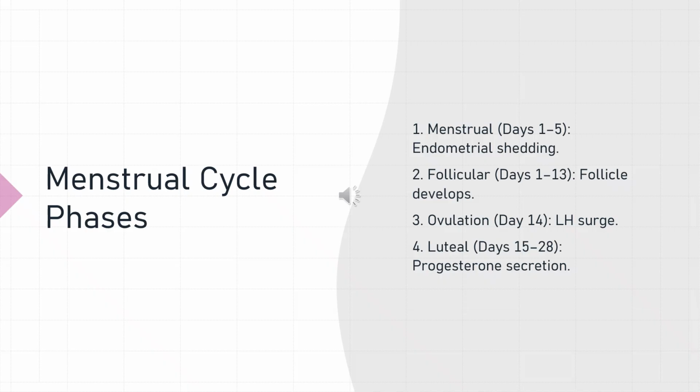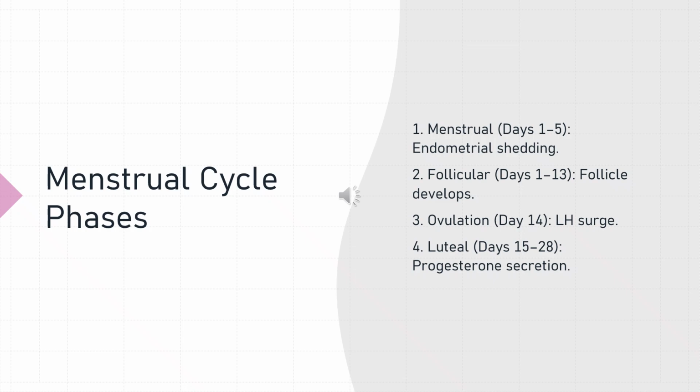Days 1 through 13, this is the follicular phase. This is when the pituitary releases FSH, or follicle stimulating hormone. This helps to stimulate follicles in the ovary. One follicle typically will become dominant and matures into an ovum.